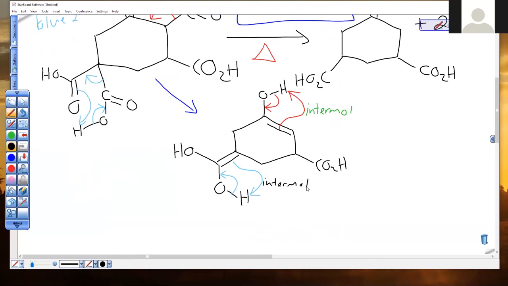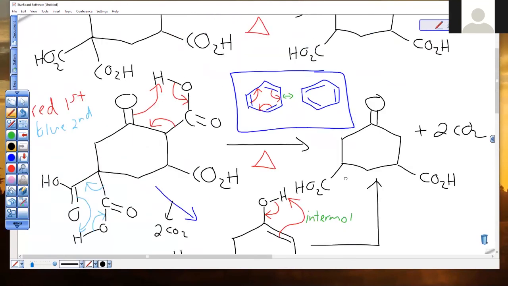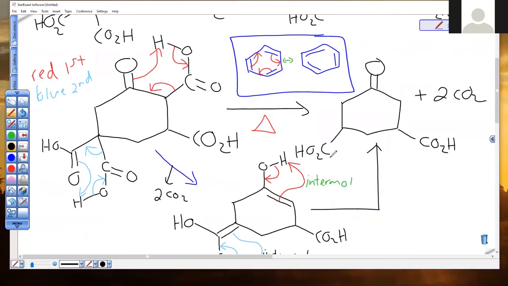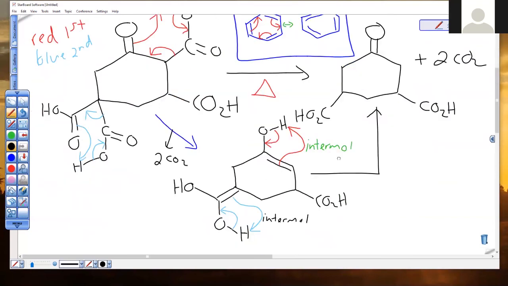And there's your molecule. We lost the 2 CO2s early, and we generated a ketone here. We lost our carboxylic acid here. Why? Because it was beta to the carbonyl here. This carboxylic acid wasn't beta to any carbonyls, and this one was.